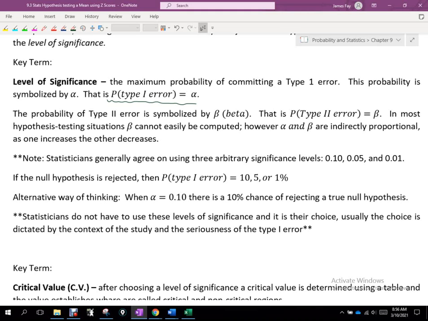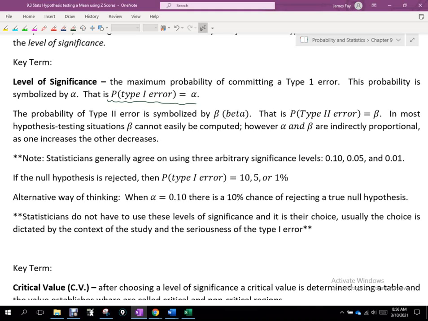What happens a lot of times, and this is why we talk about p-values, is that statisticians will collect the data, process the data, and tell you what the z-scores are and all that kind of stuff. Then they won't make a decision of reject or not reject.